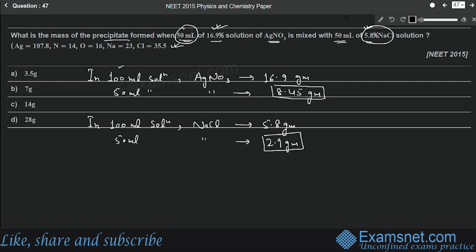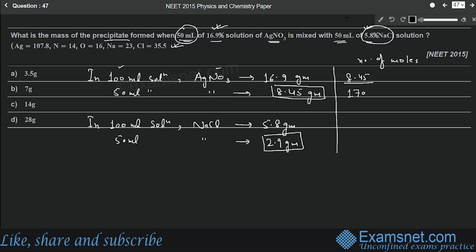Now let's find out the number of moles. Number of moles of silver nitrate will be the given mass divided by the molar mass. So 8.45 grams divided by the molar mass of silver nitrate. What is the molar mass of silver nitrate? It is almost 170.